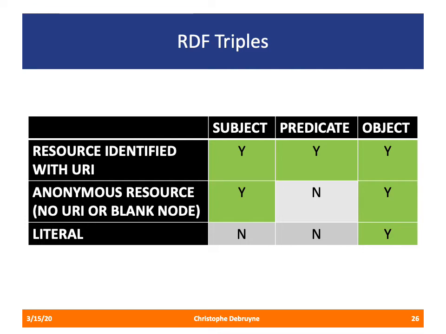The predicate must be a resource with a URI, as seen on the previous slide. An object, however, can either take the shape of a resource, blank node or named, or a literal. So you cannot use literal values as the subject of a statement.